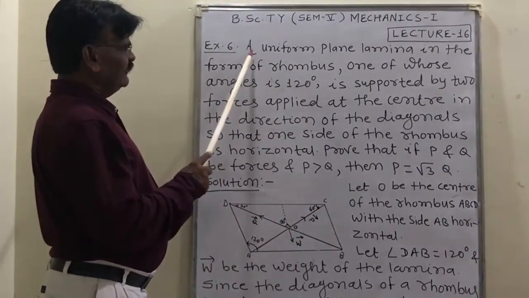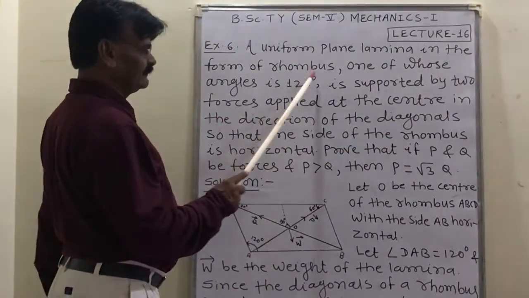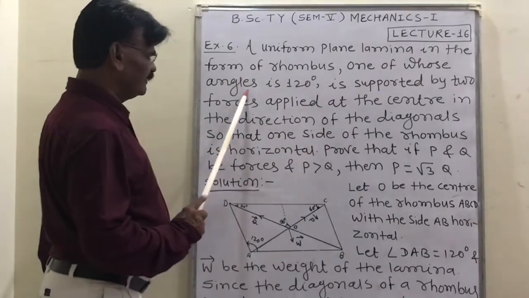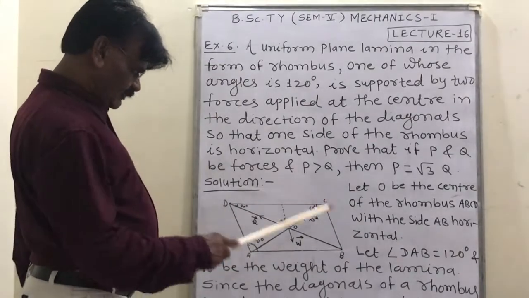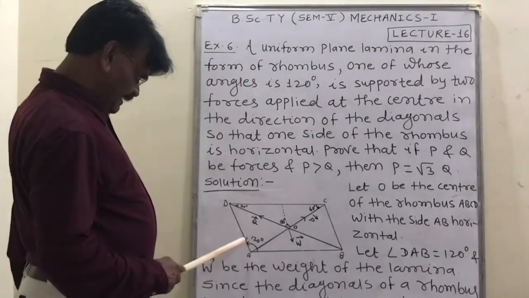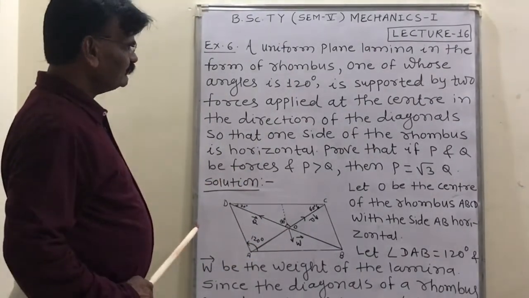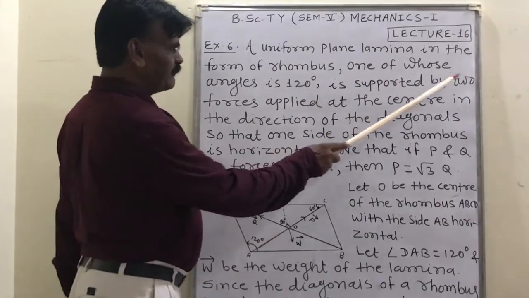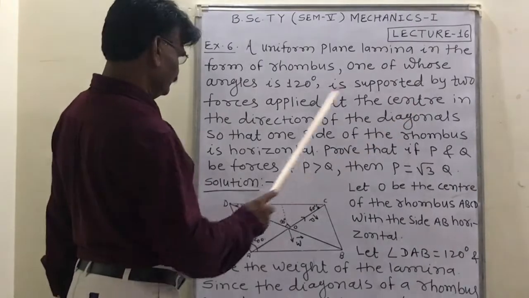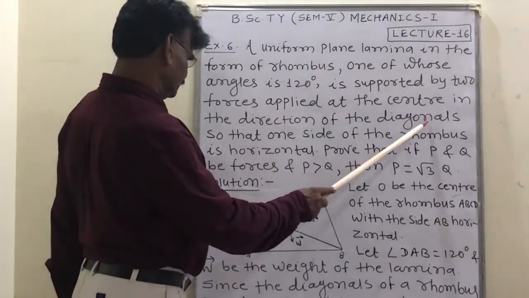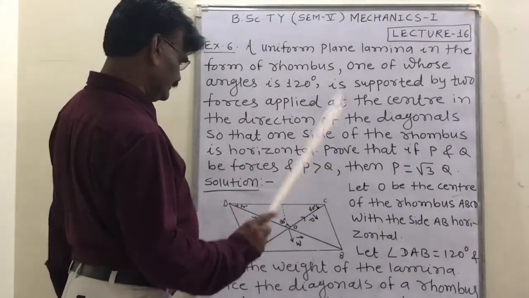Example 6. A uniform plane lamina in the form of a rhombus, one of whose angles is 120 degrees. ABCD is a rhombus. One of its angles is 120 degrees, and it is supported by two forces applied at the center in the direction of the diagonals, so that one side of the rhombus is horizontal.